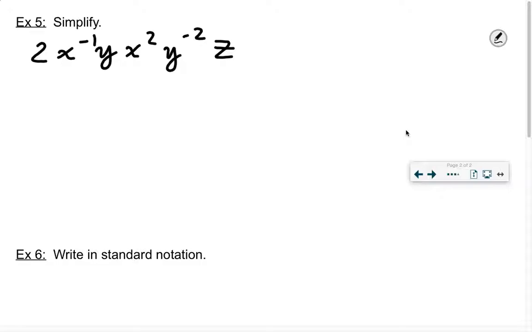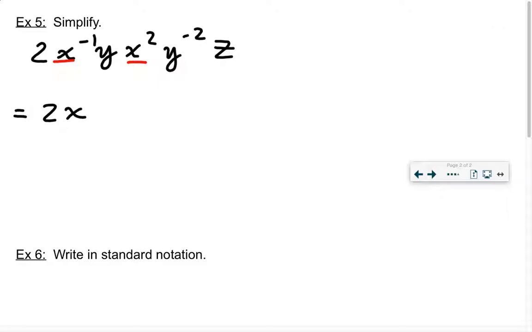On a scale of 1 to 5, I would consider this to be maybe a 3 or a 3.5. The 2 is the only 2 that we have, so we're going to keep that the same. But as I'm looking at this, I notice I have a couple of x's. What's our operation between all of these? Multiplication, which means we simply do what with the exponents? We add them. So let's do it. -1 plus 2 will get me what? Yeah, so you can write x to the first, or you can simply write x.